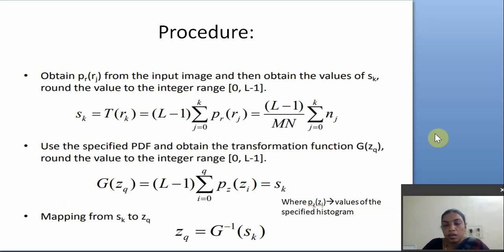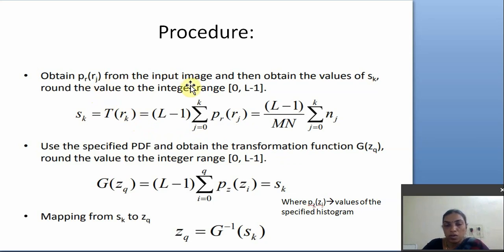Now coming to the procedure. It has a few steps, and in histogram matching we should follow this procedure. What is the first one? Based on this equation, firstly find the SK values, according to the histogram equalization only. That means obtain PR of RJ from the input image.